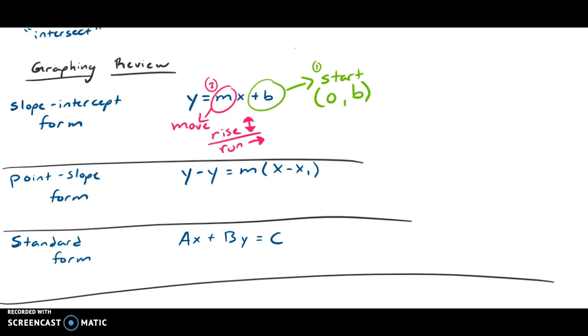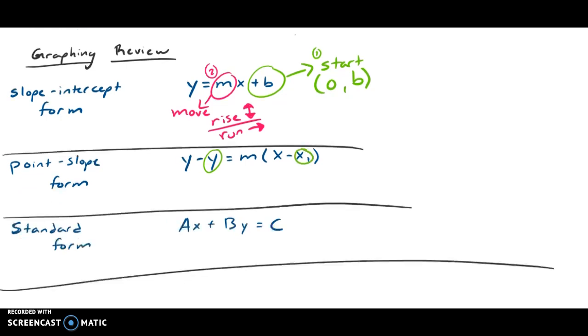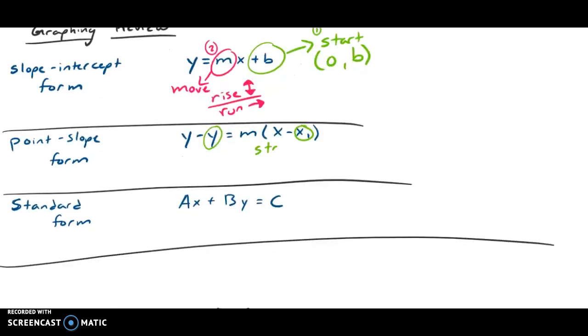The next one is point-slope form. Now, these two numbers are your start. So we're going to start at x1, y1.